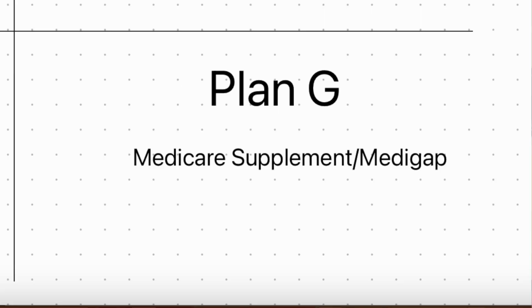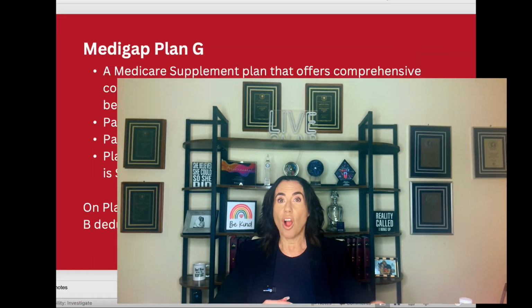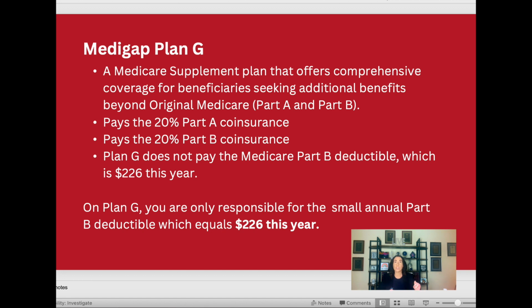So next, let's talk about Medigap plans. Medigap plans help fill in the gaps, hence the name, in Original Medicare coverage. All Plan Gs are standardized by the federal government, created back in 1965, ensuring consistent benefits across the different insurance companies that put out the Medigap plans.